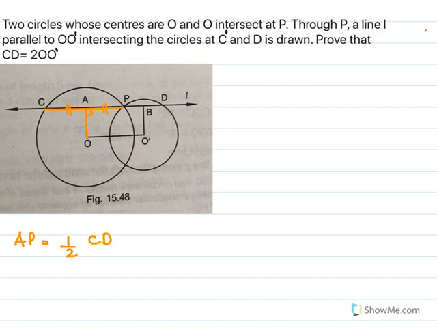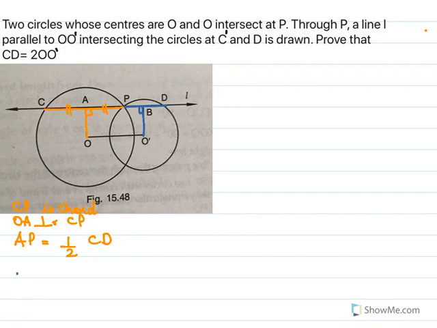So this is for the circle. We have CP as a chord, and we know that OA is perpendicular to CP. Similarly on this side, here is the chord, and here we have a perpendicular.